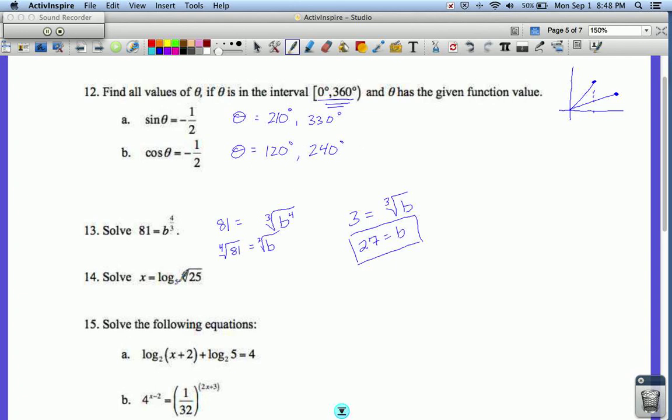Then we got this one here, so we can rewrite this as 5 to the x equals, excuse me, 25 to the 1/4. And better yet, 5 to the x equals, well, 25 is 5 squared to the 4th, and better yet, 5 to the x, power to power we multiply, 2/4 is a half, so x is 1/2.